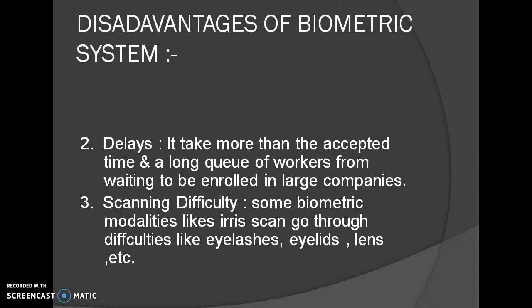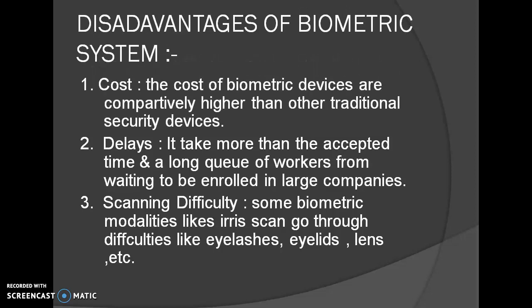Now we see the disadvantages of biometric systems. First one is cost. The cost of biometric devices is comparatively higher than other traditional security devices. Second one is delays. It takes more than the expected time, and there is a long queue of workers waiting to be enrolled in large companies. Third one is scanning difficulties.